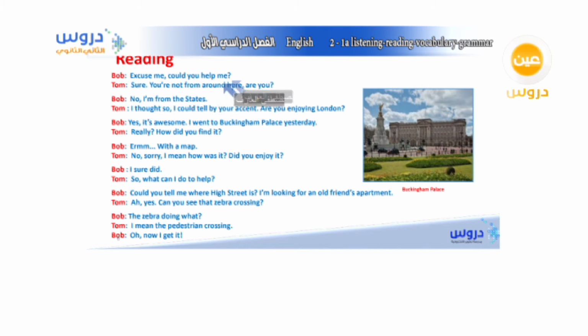Bob, excuse me, could you help me? Tom, sure. You're not from around here, are you? Bob, no. I'm from the States. Tom, I thought so. I could tell by your accent. Are you enjoying London? Bob, yes, it's awesome. I went to Buckingham Palace yesterday. Tom, really? How did you find it? Bob, with a map.